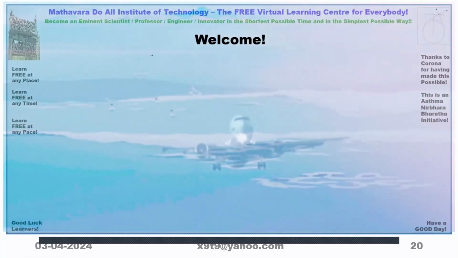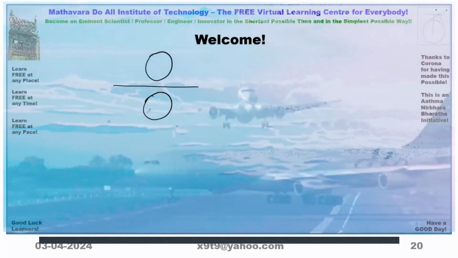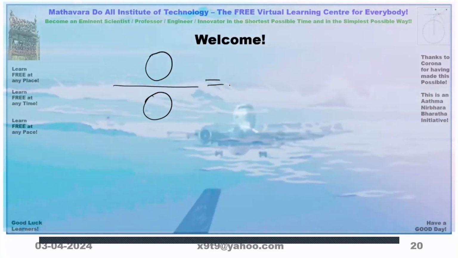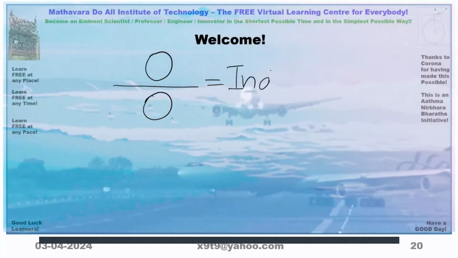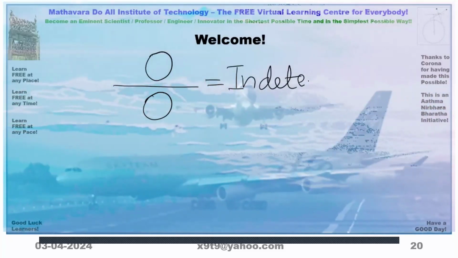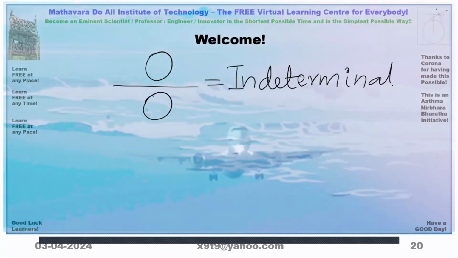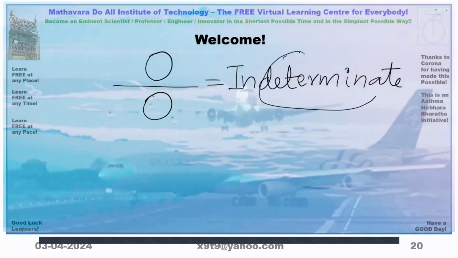That is, what happens if we have 0 divided by 0? Now, for this one, there is no symbol given in mathematics, but we will call it indeterminate. Means we cannot determine its value.